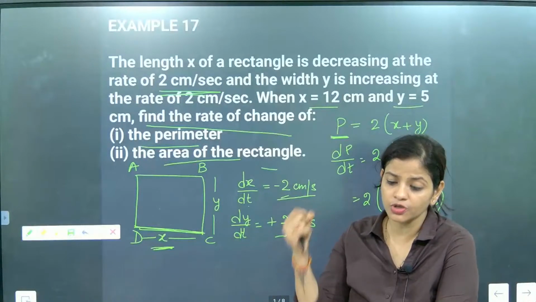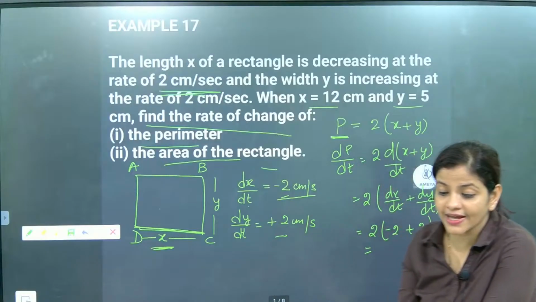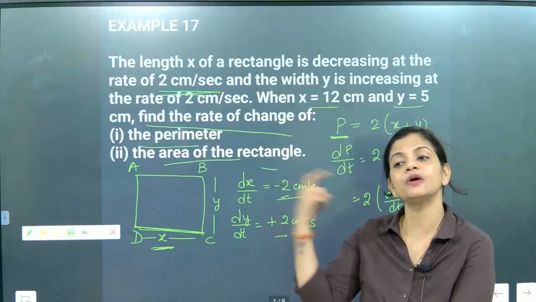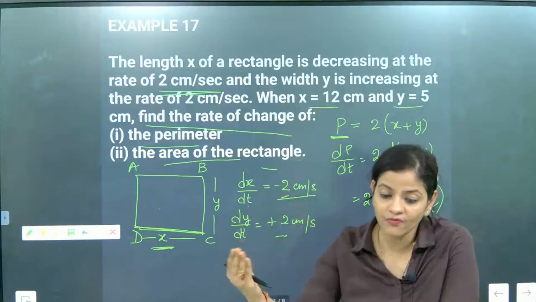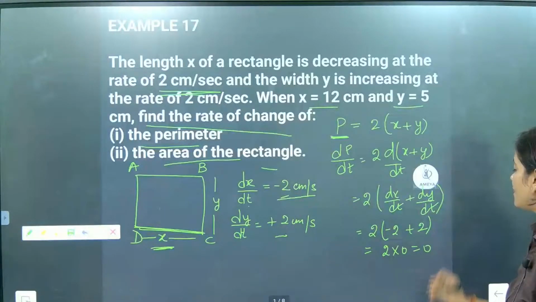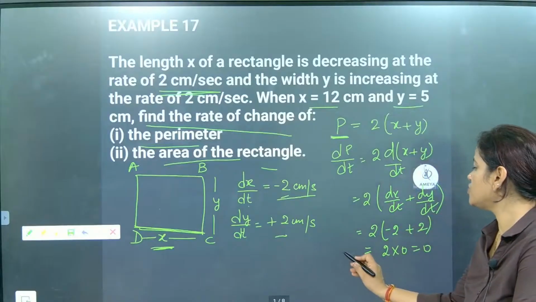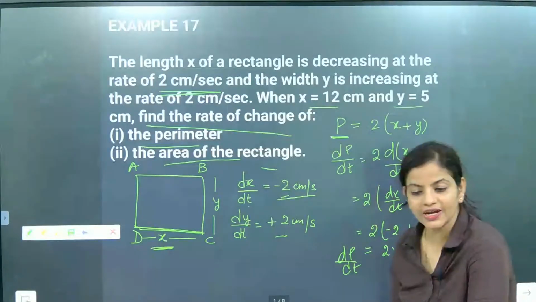Understood? And when we substitute, what do we get? 2 into 0. So the rate of change of perimeter is coming as 0. I hope you have understood.